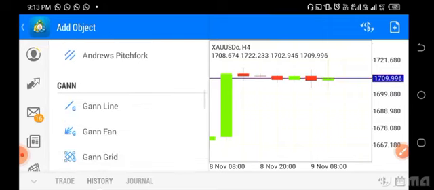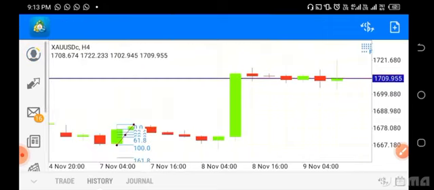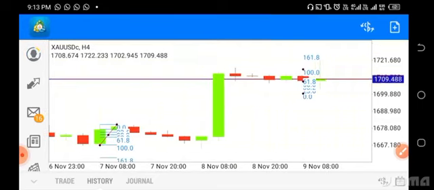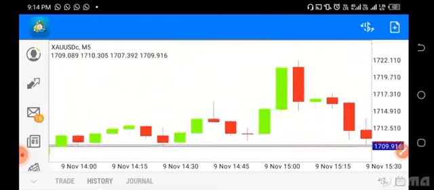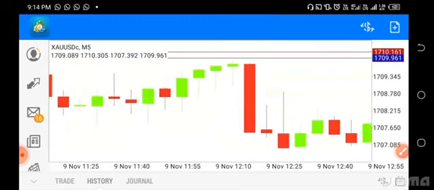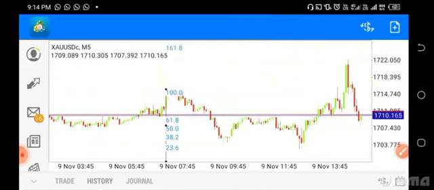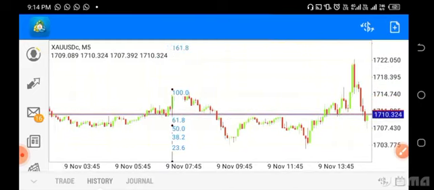Like if we go to Fibonacci retracement, and now there is a red candle, so we draw this. Now we switch the time frame to 5 minutes. Correct.